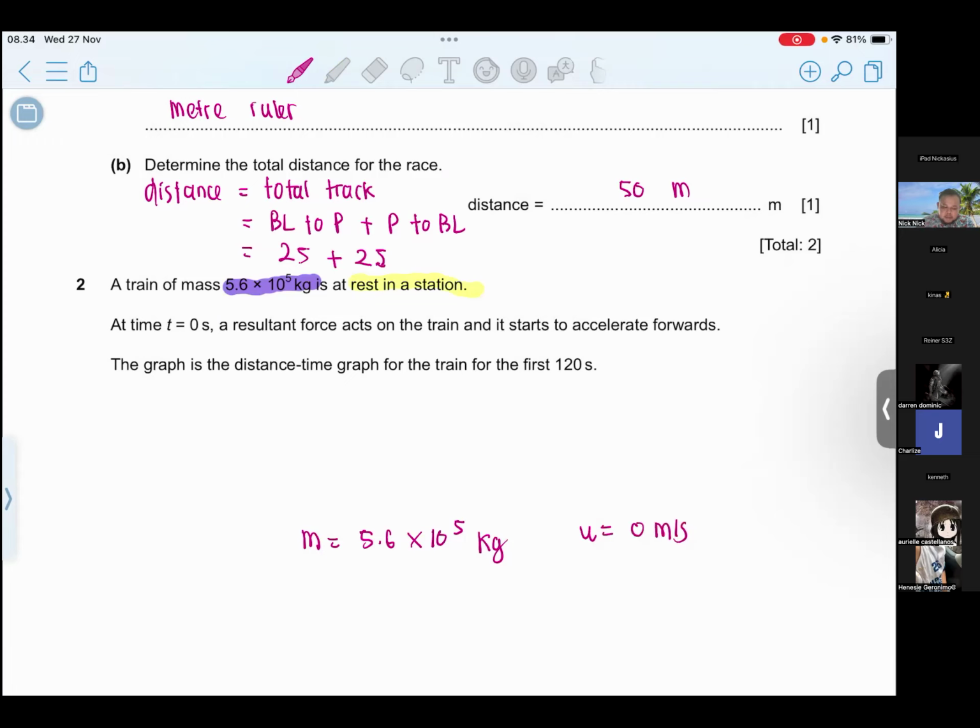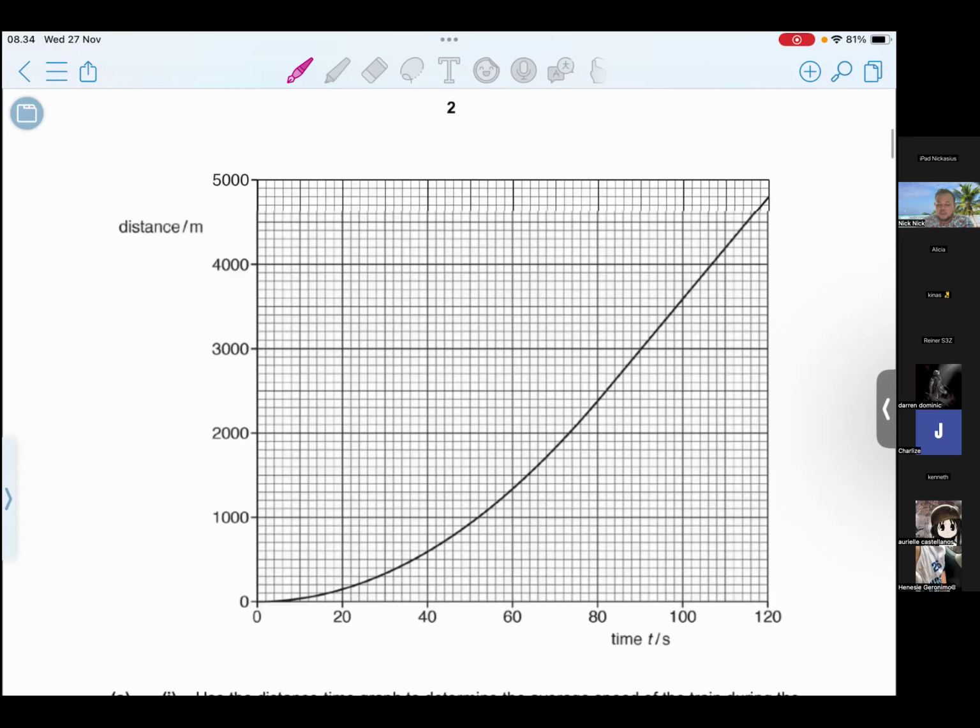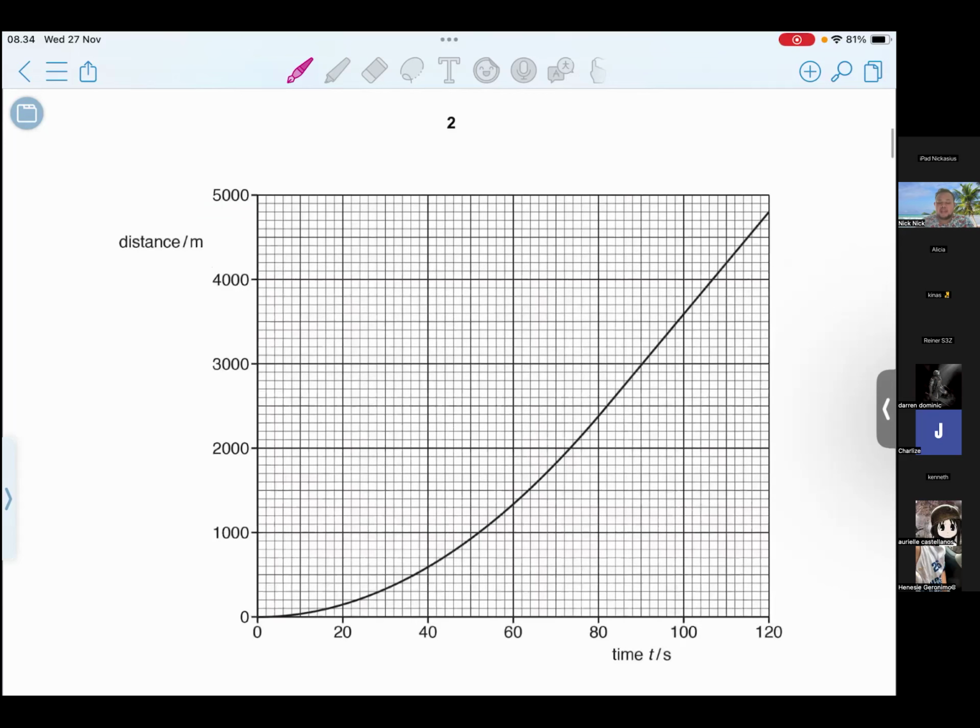At time 0 seconds, a resultant force acts on the train and it starts to accelerate forwards, which means the velocity changes. The graph is the distance-time graph, the ST graph, for the train for the first 120 seconds. The motion recorded is from 0 seconds until 120 seconds.